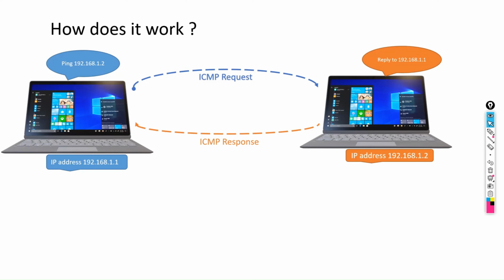So you understand that the source is sending the packet from 192.168.1.1 to the destination 192.168.1.2. It will send the echo request or ICMP request, and then the other one will respond with the echo response or the ICMP response. Okay, it's the same, just a different name. Now let's get into the actual testing of it, and that is where I'll take you to my PC.